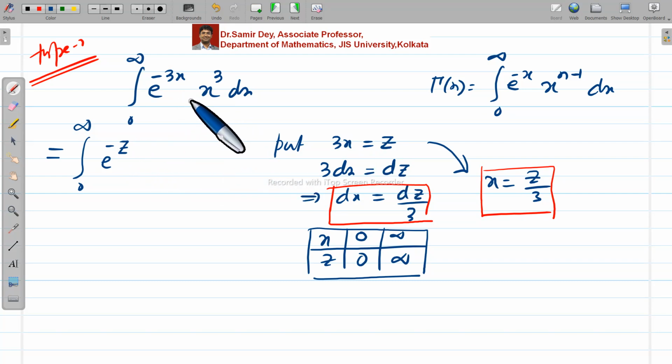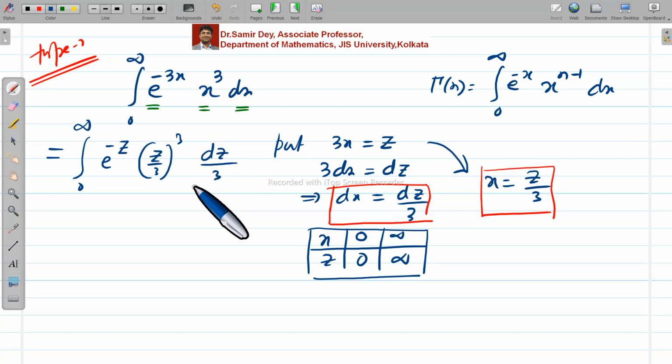There are three components you have, 1, 2 and 3. You need to replace one by one. So x cube means z by 3 to the power cube, z by 3 whole to the power cube. Now dx, what is dx? It is coming dz by 3. Is it clear to all of you? So first portion, second portion and third portion. Clear? Then this and then this.